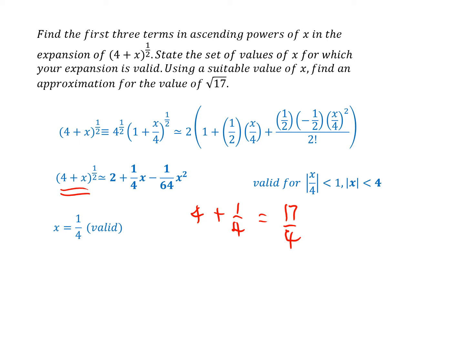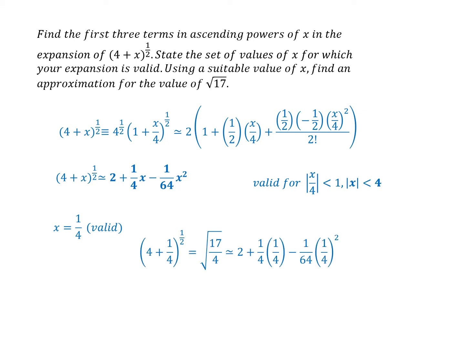It's worthwhile checking that the value of a quarter is actually a valid value of x, which it is. So when I put x equals a quarter into this expression, I get 17 over 4 to the power of a half, which is root 17 over 4, is equal to this thing here.